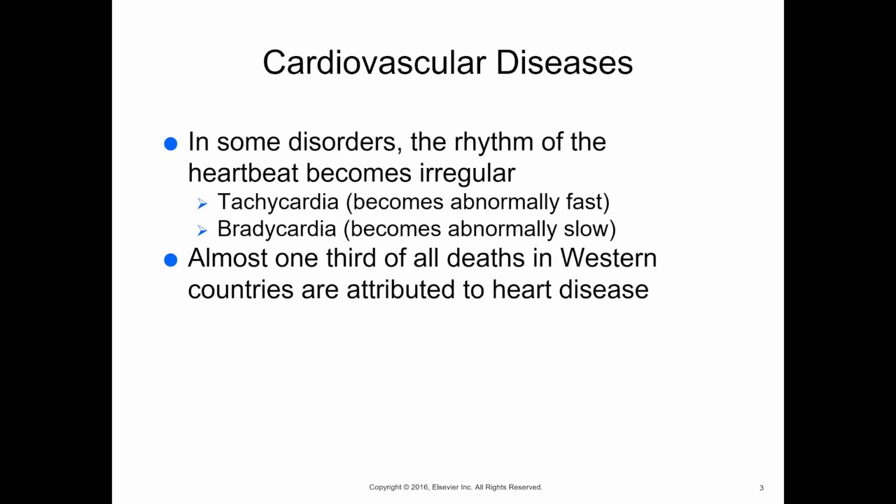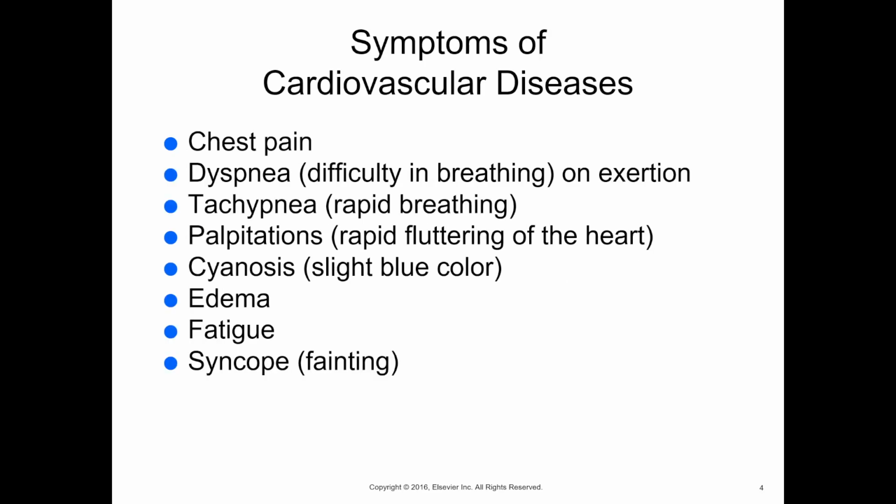So, cardiovascular diseases, there's a couple different types, but generally you have issues with the conducting system of the heart, issues with rhythms of the heart, either being too slow, too fast, or issues with the function of the muscle of the heart. Currently, cardiovascular disease as a category is about 1/3 of all deaths in the developed Western world.